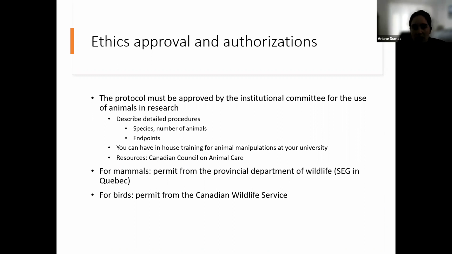Finally, I just wanted to mention some information about the necessary authorizations. First, you need to have your protocols approved by the Animal Use Ethics Committee of your university. You will have to describe all the manipulations in detail, including the target species and the number of individuals you plan to capture. You'll also need to determine some endpoints, so signs and symptoms that would lead you to, unfortunately, sometimes euthanize the animal if it's in too poor condition.